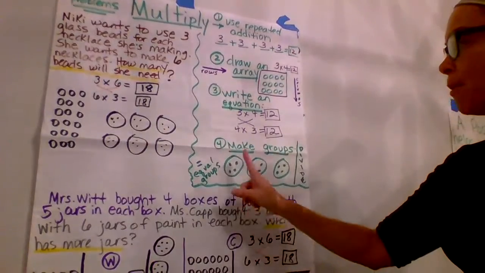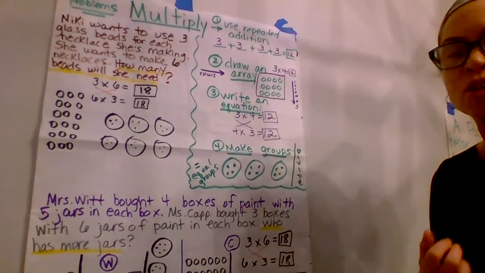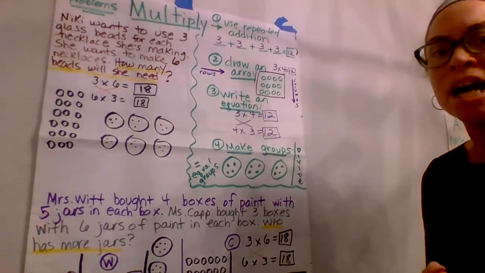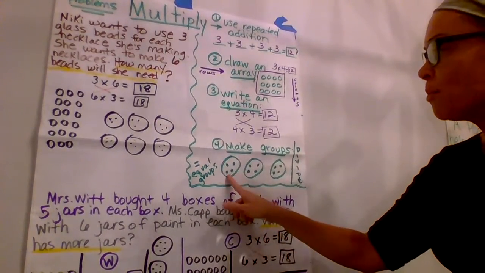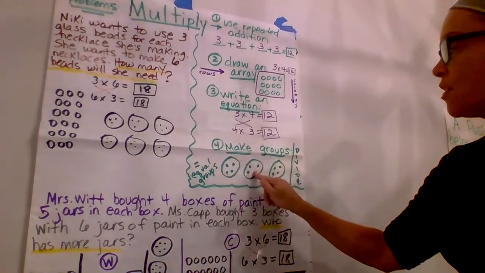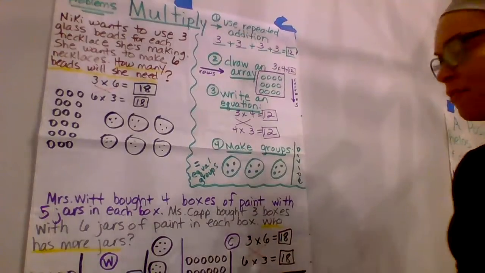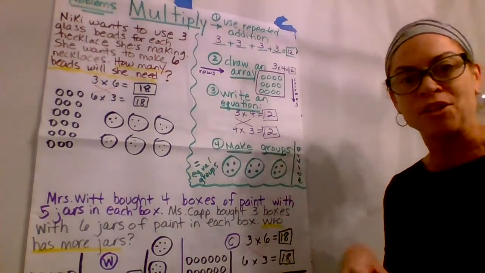Here's the people, 1, 2, 3. And then we divided the 12 cookies among each person. So each person got 4. 1, 2, 3, 4, 1, 2, 3, 4, 1, 2, 3, 4. Always equal, okay? Don't ever have any left over.